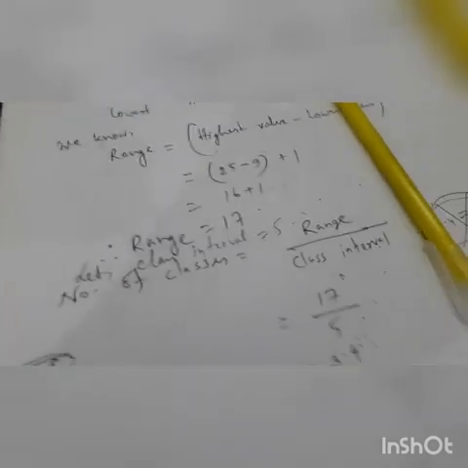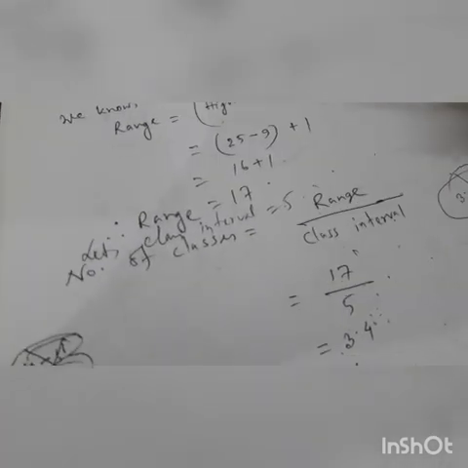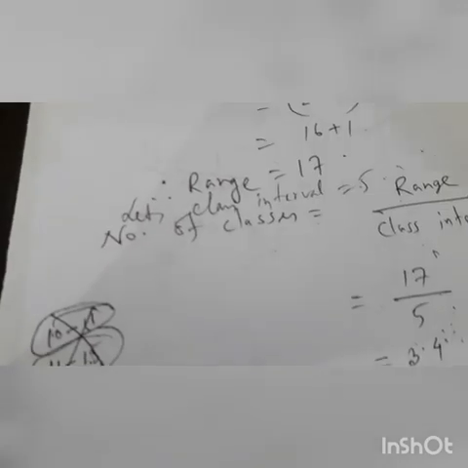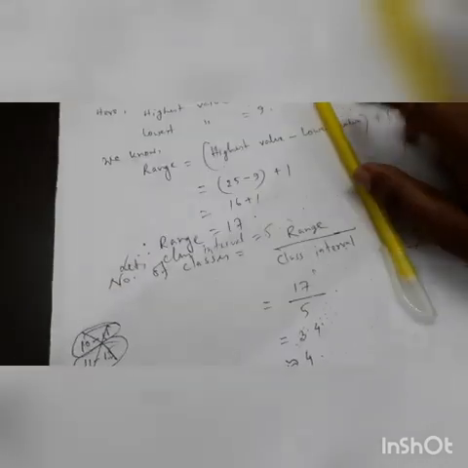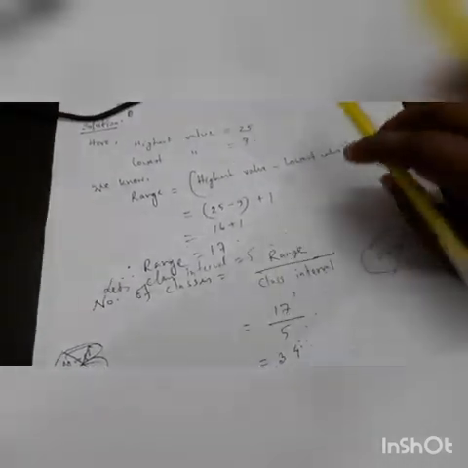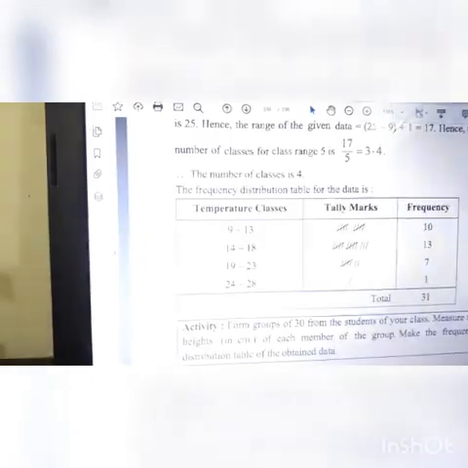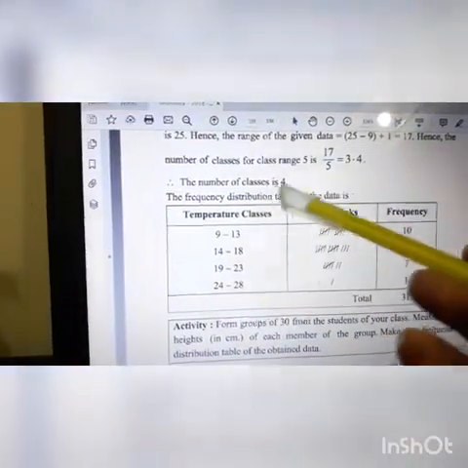Now in this way we will prepare to make a frequency distribution table. First we have to write it in such a way; later on we can follow the table in our textbook. Now we understood that the number of classes is 4.